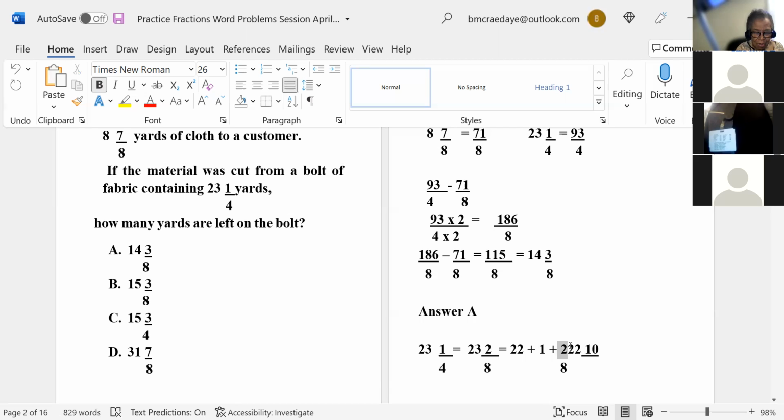I took the 23 and broke it down into 22 plus 1.